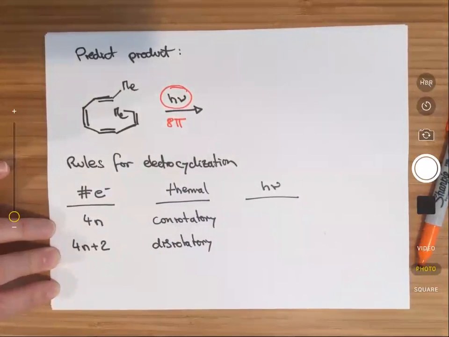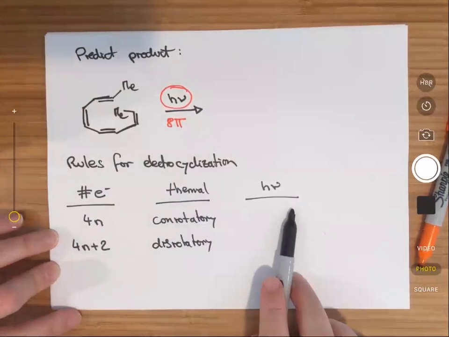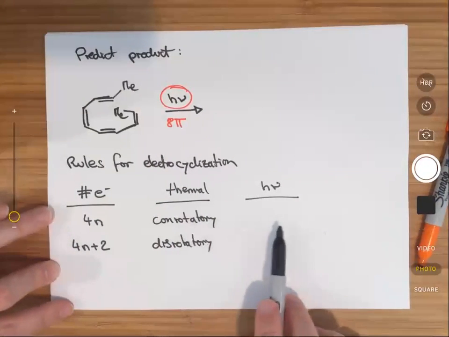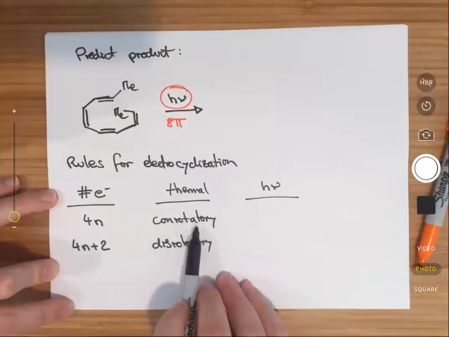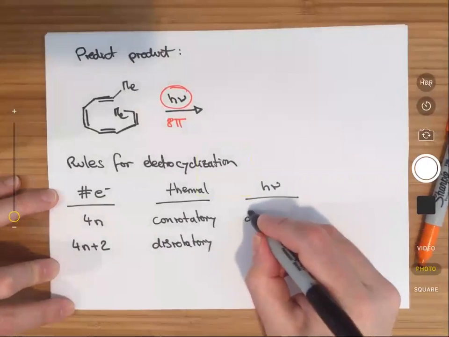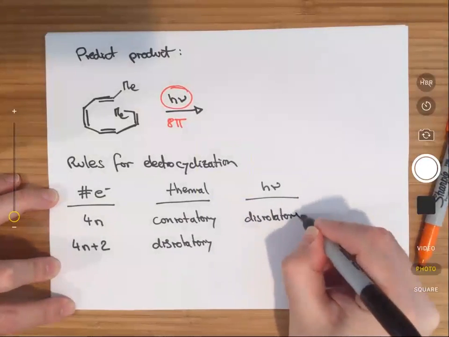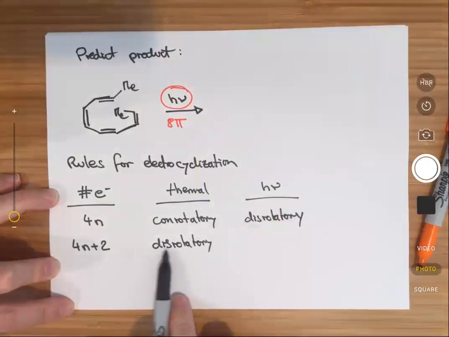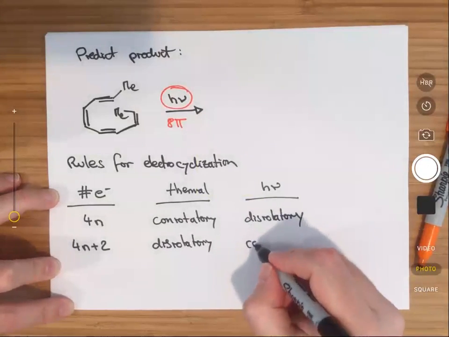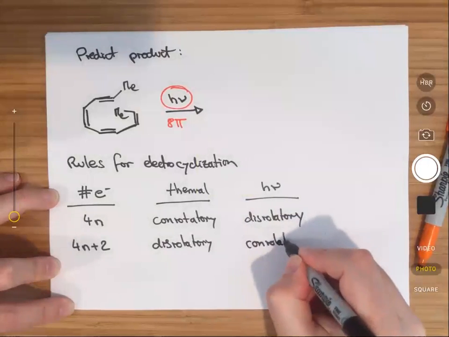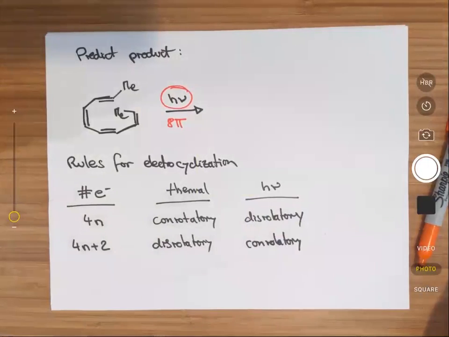Right? Now, the nice thing is that for the photochemical reaction, this selectivity is just inverse. So what was thermally conrotatory is now photochemically disrotatory. And what was thermally disrotatory is now photochemically conrotatory. So they just invert essentially their selectivity.